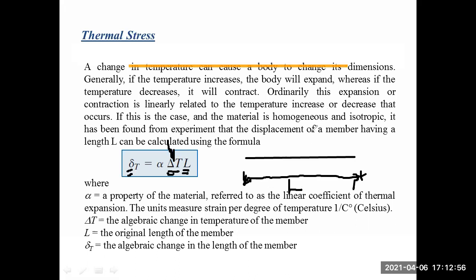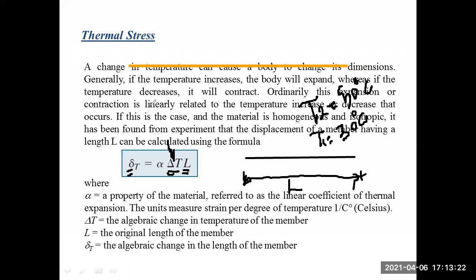and the initial temperature we call T1. If the temperature was 30 degrees Celsius, we deal with Celsius temperature, and we have raised the temperature to T2, which is, for example, 50 degrees Celsius.